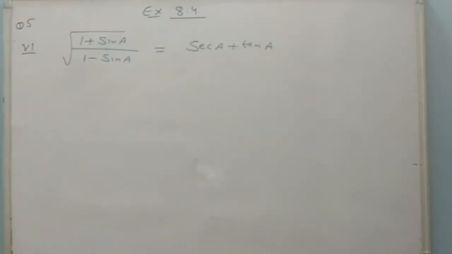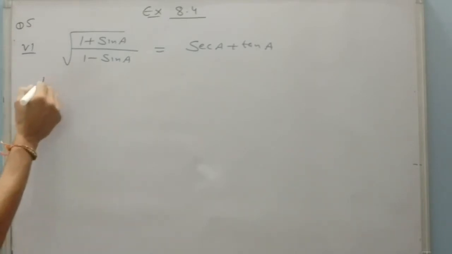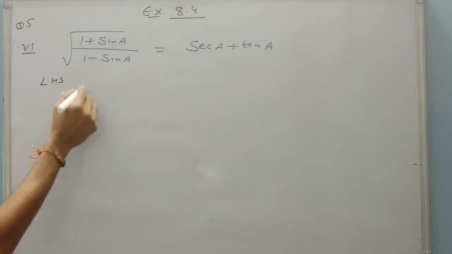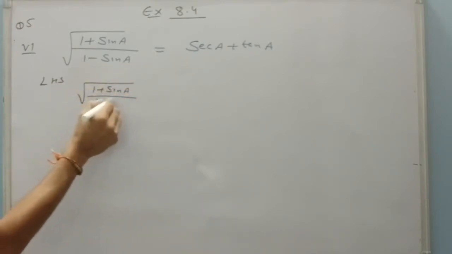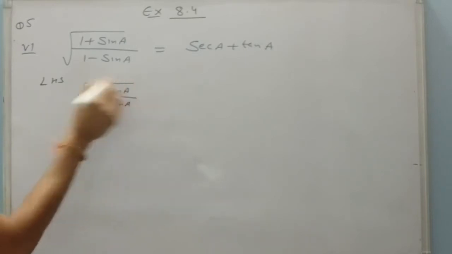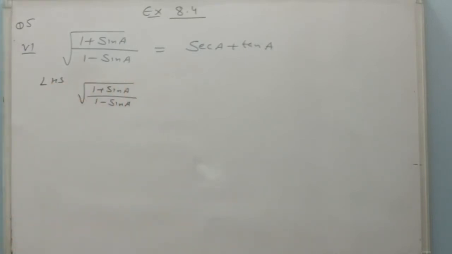Now the sixth part, prove that the left hand side is root of 1 plus sine A upon 1 minus sine A. When there is a root in the question, just rationalize the denominator if possible.